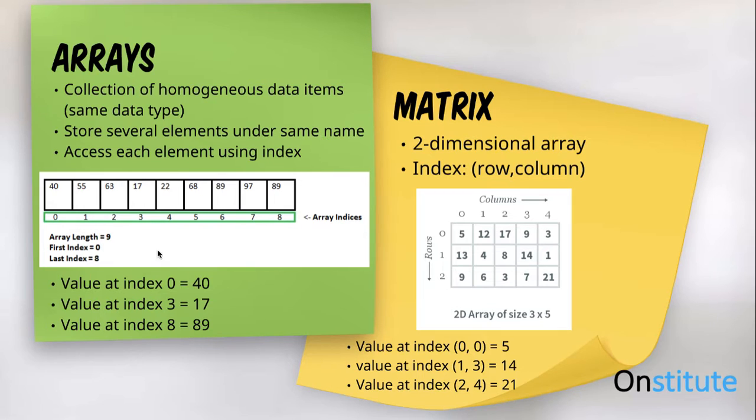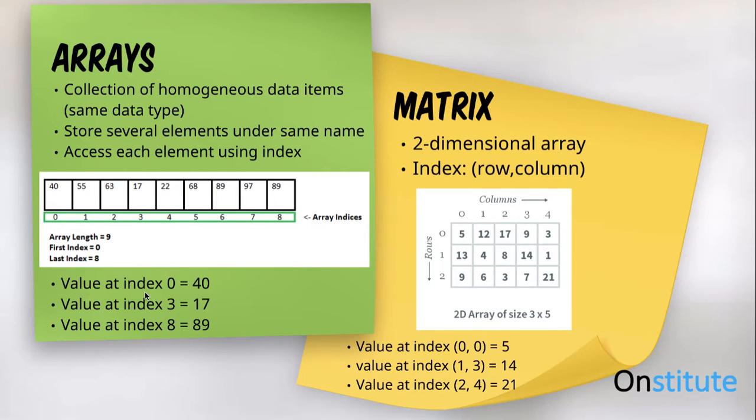The array index in C++ starts from 0 and ends at the length of the array minus 1. For example, in this array, the length of the array is 9, the first index is 0, and the last index is 9 minus 1, that is 8.